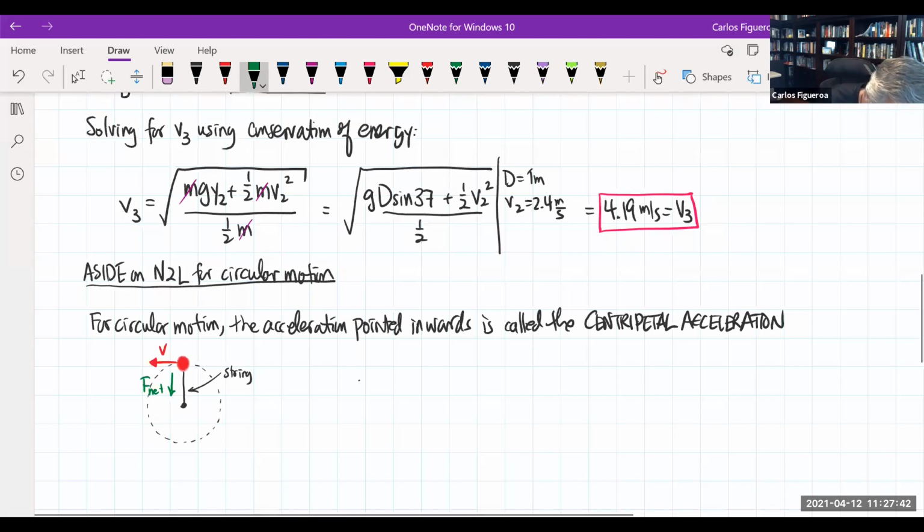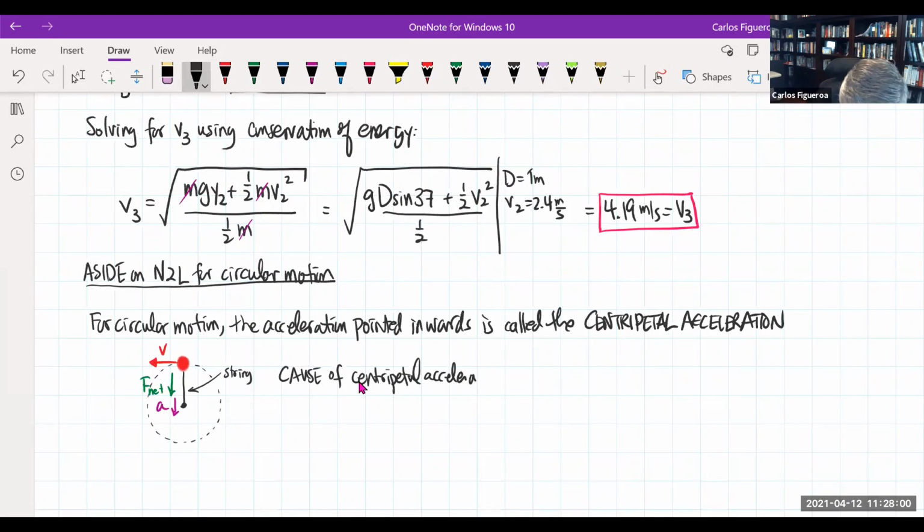And if it's pointed down, then there must be acceleration in this direction. So the cause of centripetal acceleration is the net force.